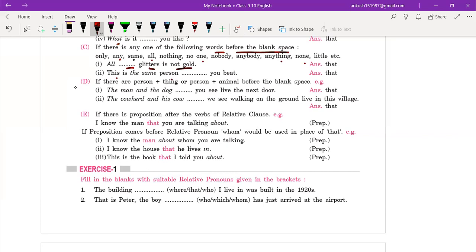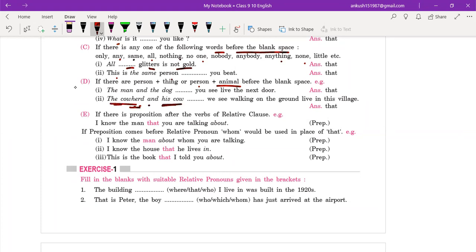If there are person plus thing or person plus animal before the blank space, that time also that is used. The man and the dog that you see live in the next door. The cowherd and his cow that we see walking on the ground live in this village.